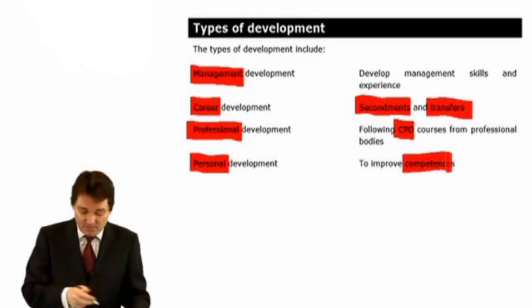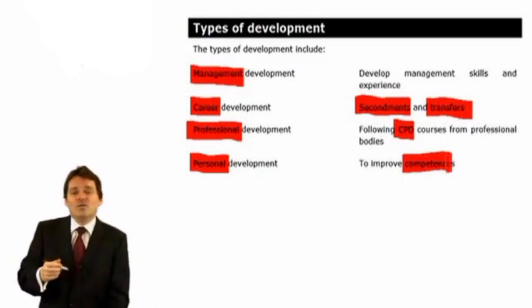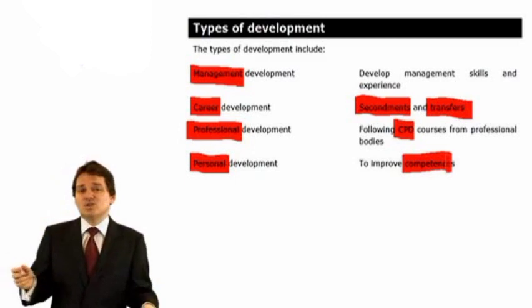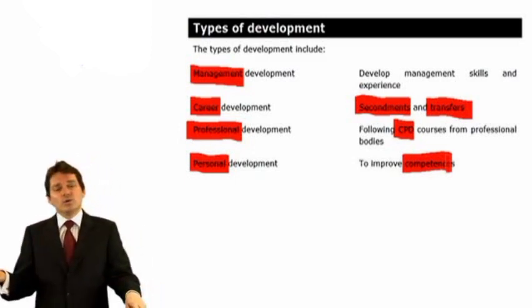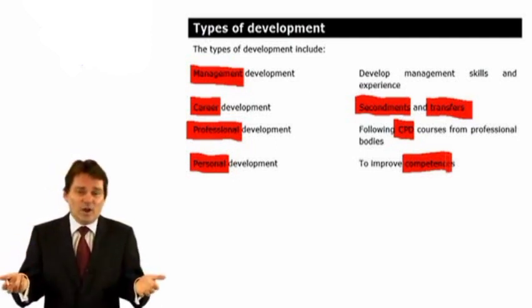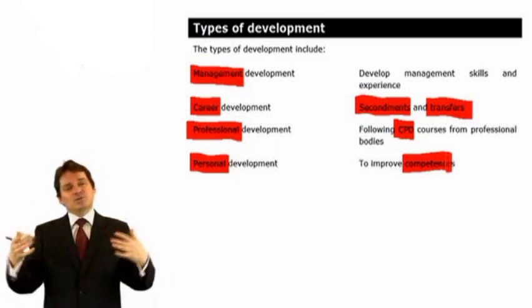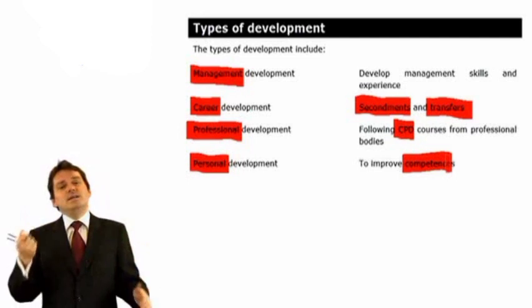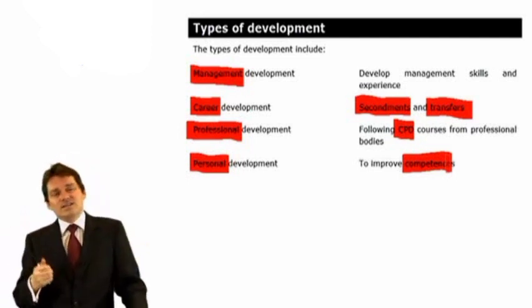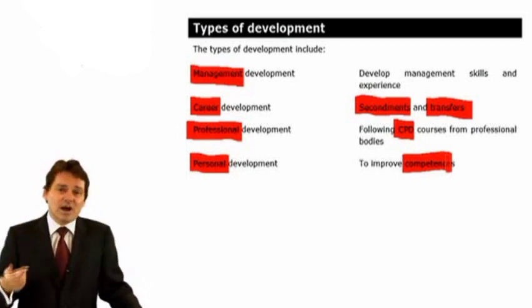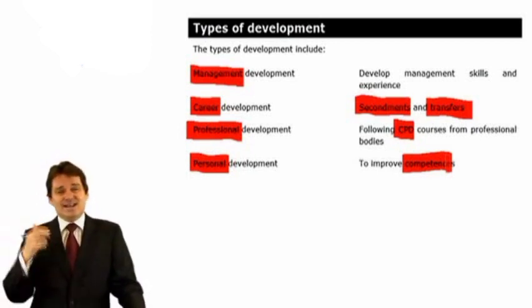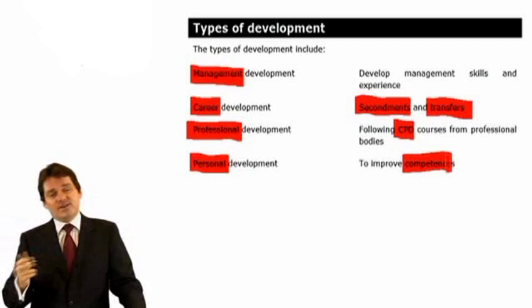So personal development may not necessarily be related to the workplace. It could be something that you do on your own through looking at self-help books, stuff like that, to develop yourself as a person. Companies are increasingly realising that if people are happier in themselves, if they're happier at home, then they often tend to be happier and more productive at work.